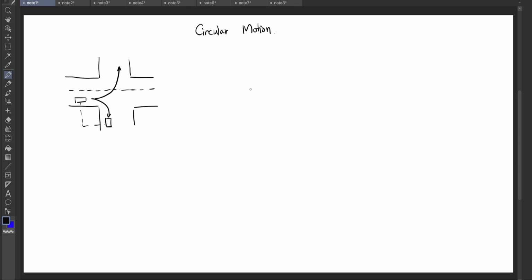Now, another example would be, let's say you're looking at a highway. And you're driving this way, and then there's an exit like that.